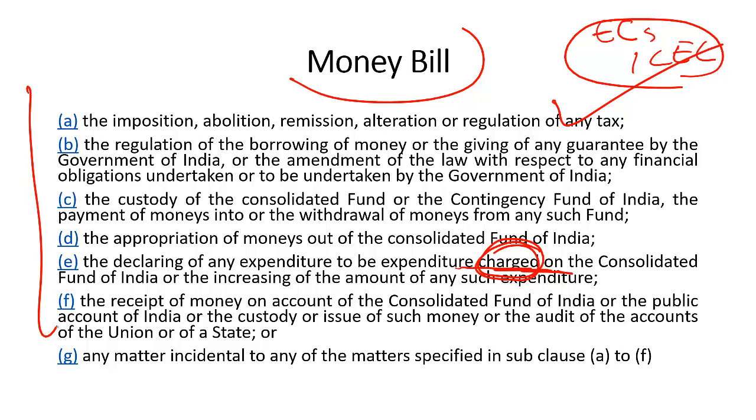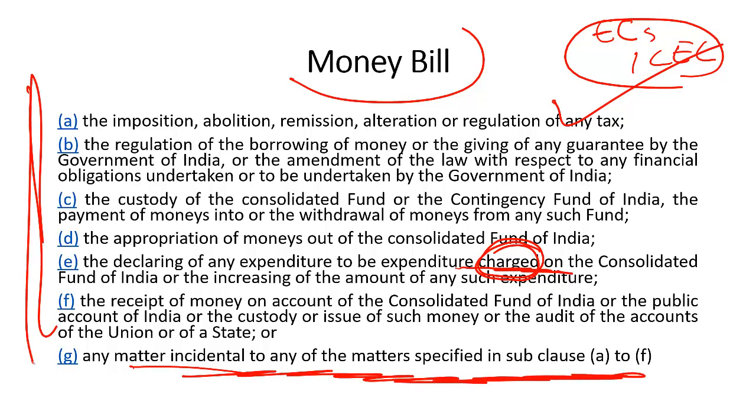But there is one important clause at the end of this Article 110. Any other matter incidental to any of the matters specified above. And this was how Aadhaar was introduced as a money bill in the Lok Sabha. Many people argue that Aadhaar was not a money bill, because Aadhaar did not only talk about money matters. Aadhaar also talked about biometrics.